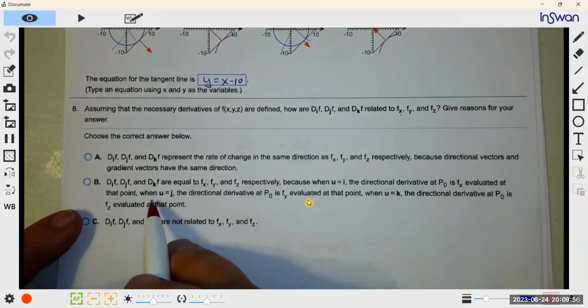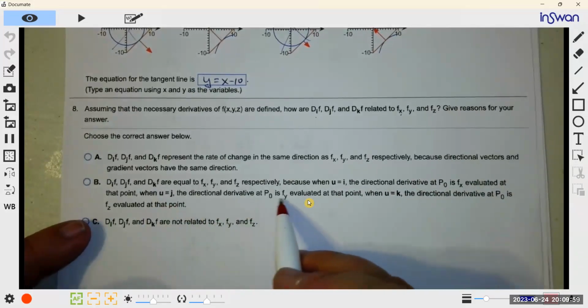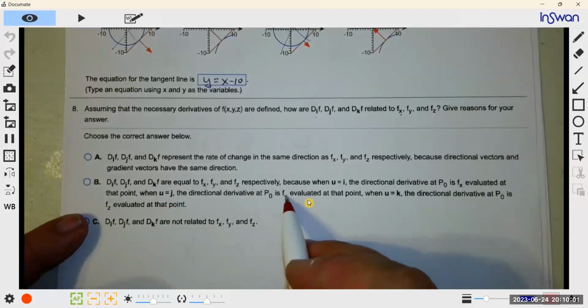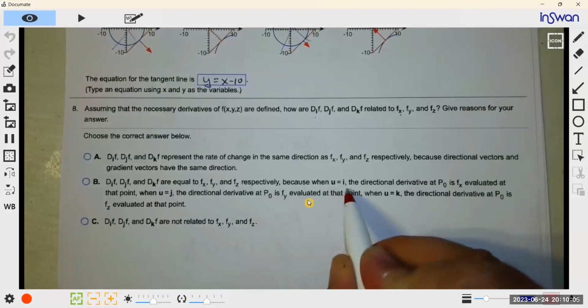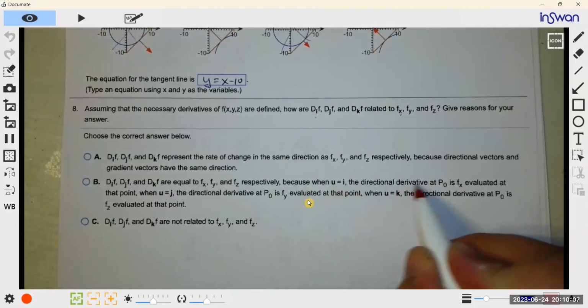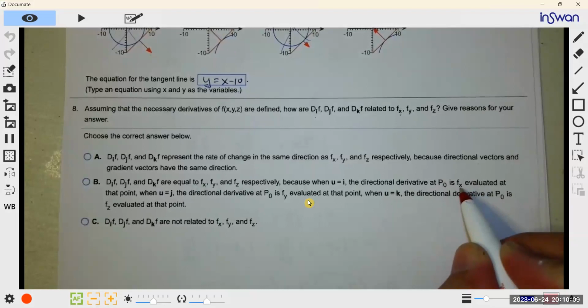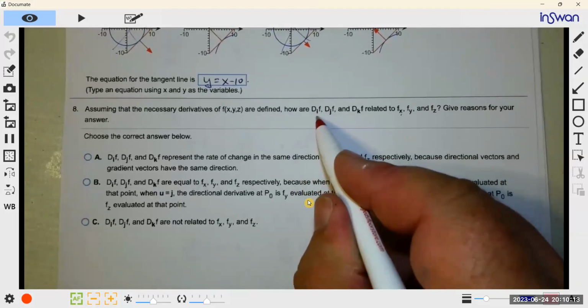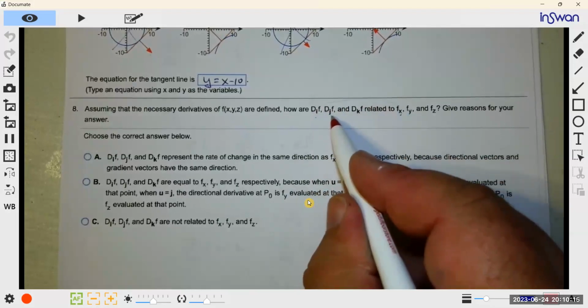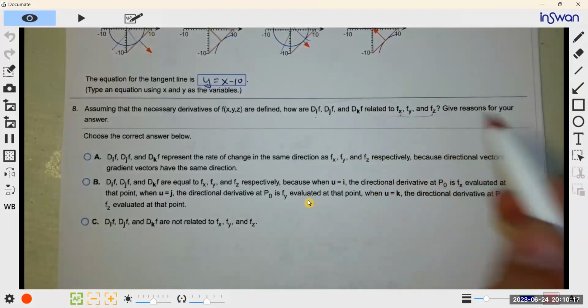Evaluate at that point when u is in the i direction, right? Yes. So respectively, because when u equals i, the directional derivative at the point is f sub x. So they're equal. That equals that, and that equals that. So they're equal.